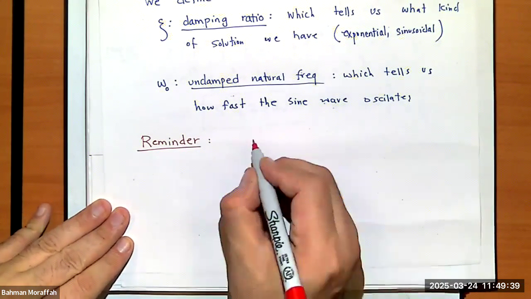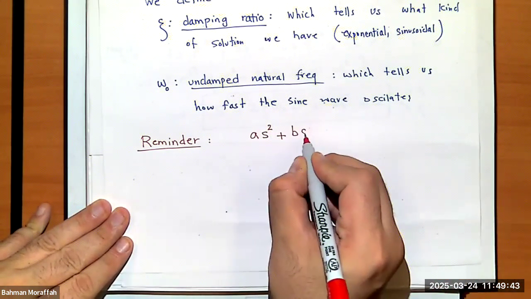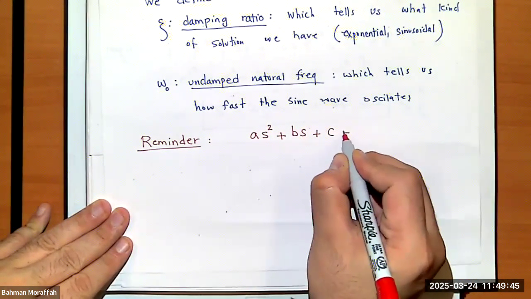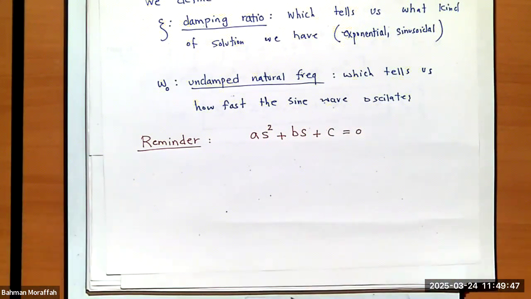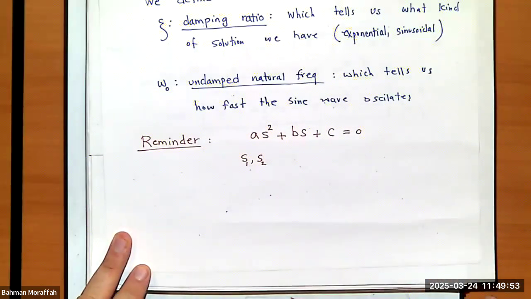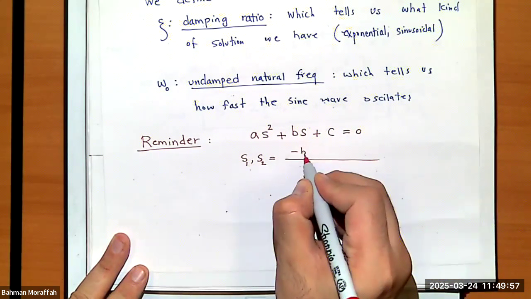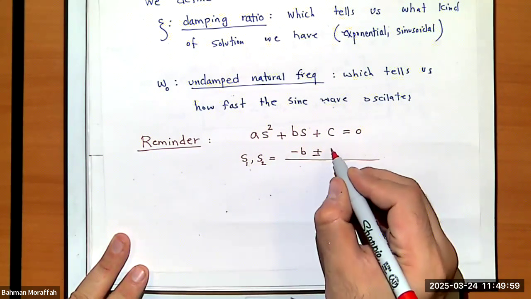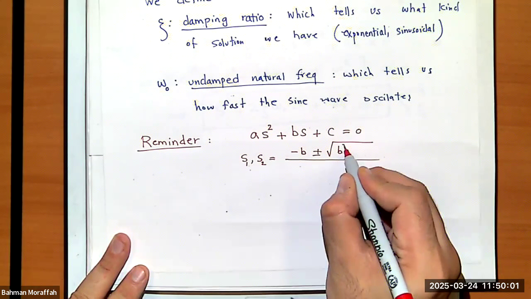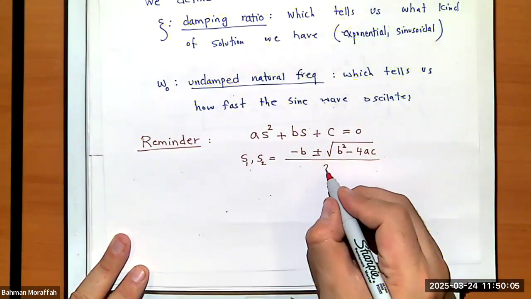If I have a quadratic equation like this, as squared plus bs plus c equals 0, we know there are two solutions, and we can find s1 and s2, which are the solutions of this quadratic equation, using this formula: minus b plus or minus the radical of b squared minus 4ac, divided by 2a.